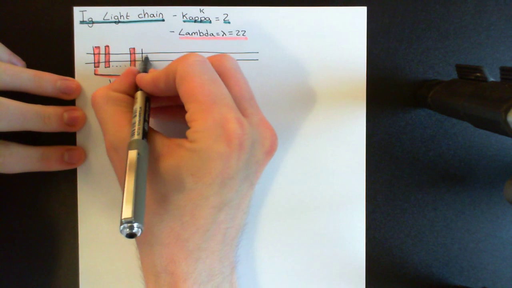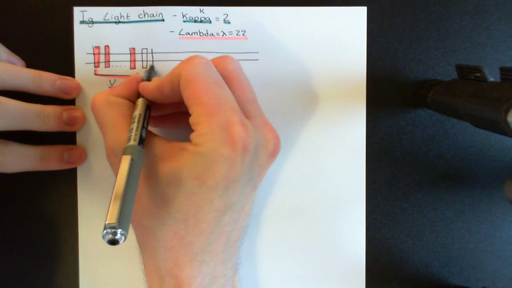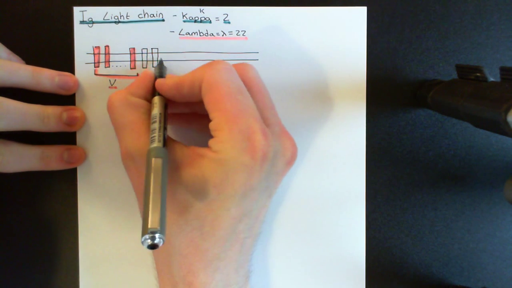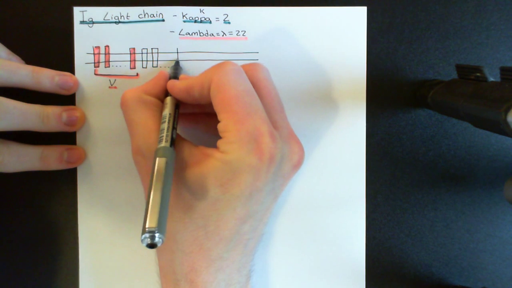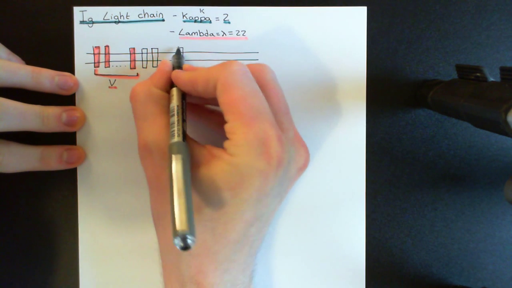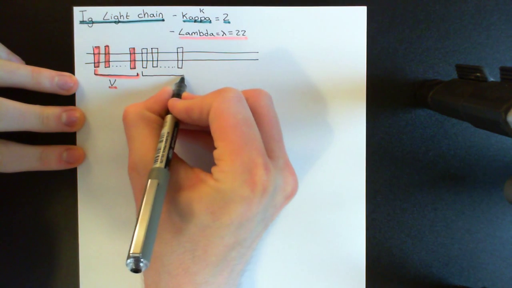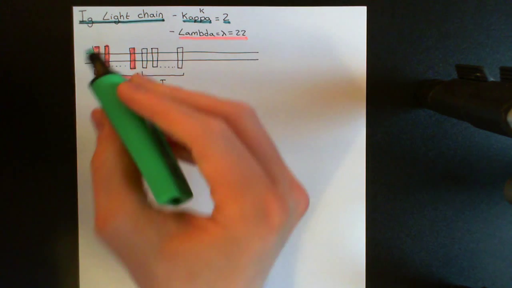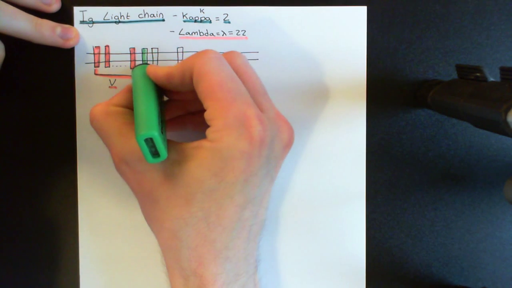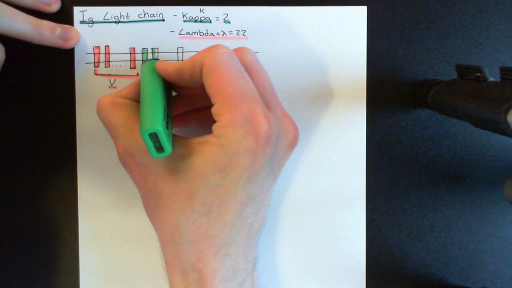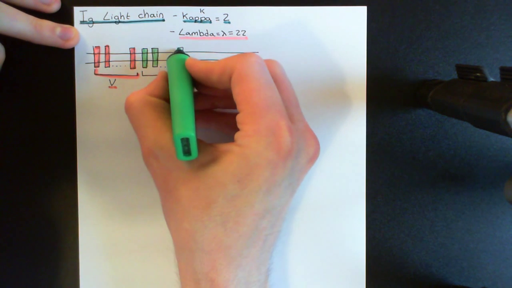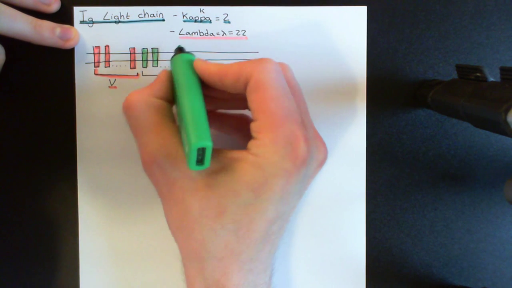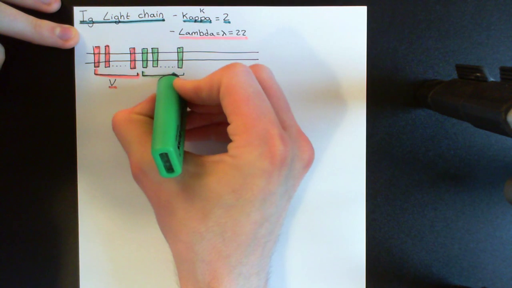So here's our first joining gene segment, our second joining gene segment, and it will go on all the way up to our last joining gene segment. So here is our cluster of joining gene segments, and we'll have those coloured in green here. So there's the first one, the second one, and then dot dot dot all the way up to our last one, and again they're all spaced apart by introns there.